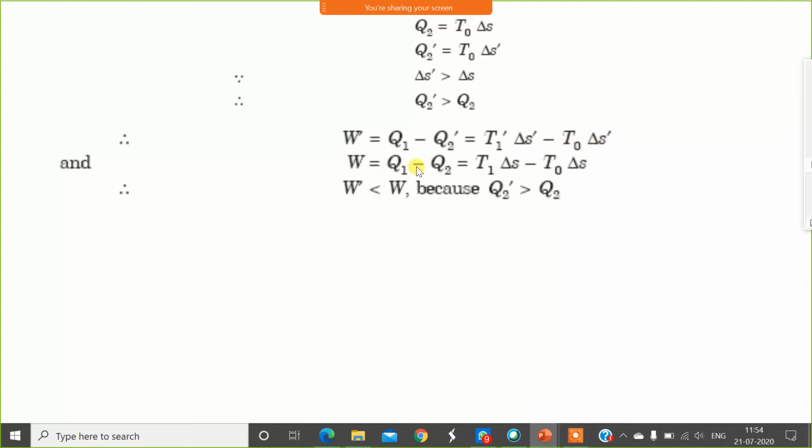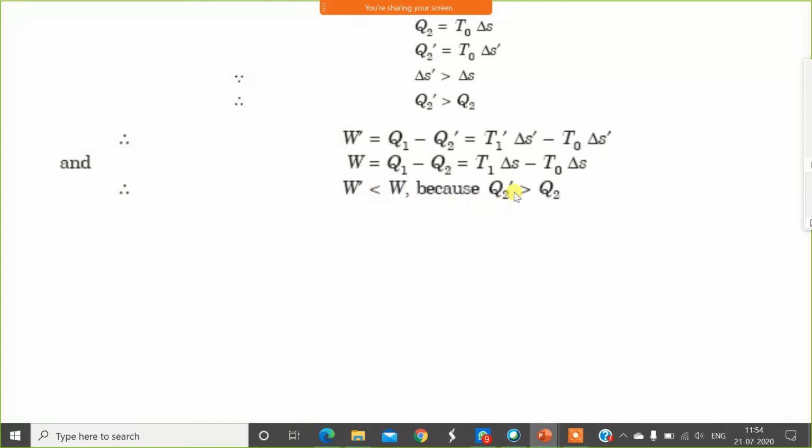W is equal to Q1 minus Q2, and so W dash is T1 delta S minus T0 delta S dash. Work done for finite temperature difference is less than work done for the reversible process, because in the reversible process we get maximum work, but for finite temperature difference we get less work. Therefore W dash is less than W.